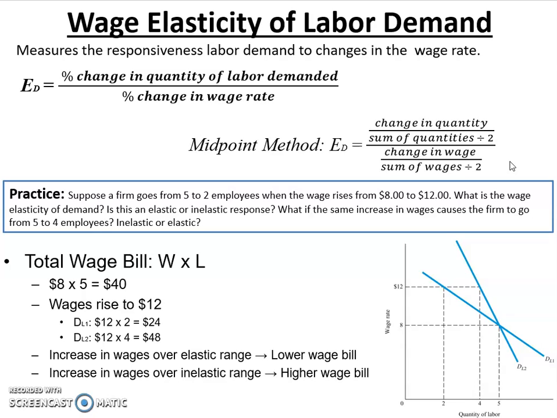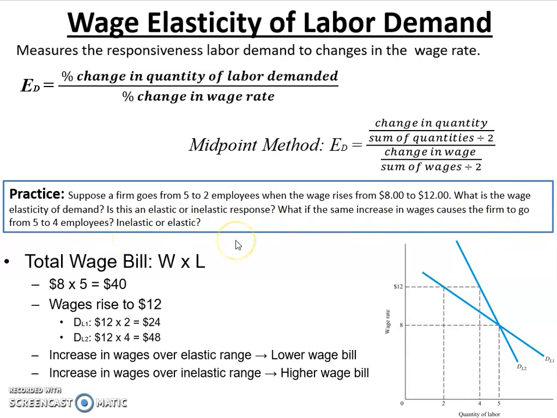But let's use a labor demand example here. Suppose a firm goes from 5 to 2 employees when the wage rises from $8 to $12. What is the elasticity of demand? Is this an elastic or inelastic response? What if the same increase in wages causes the firm to go from 5 to 4 employees?